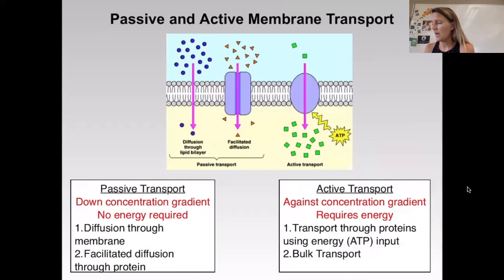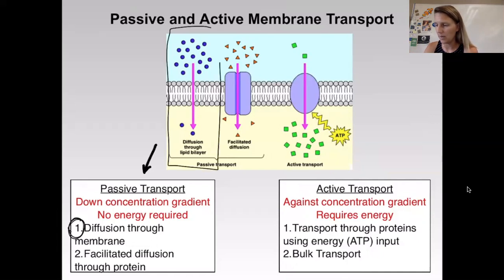So looking at passive versus active transport, again, passive, you're going down the concentration gradient through a plasma membrane, no energy required, right? And there's two kind of ways that you can have passive diffusion. One, you can diffuse directly through the membrane, as shown here, right? And then two, you can still go down your concentration gradient, but you can go through a protein, all right?